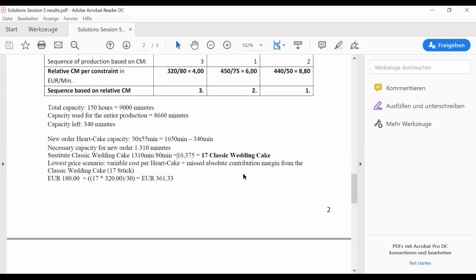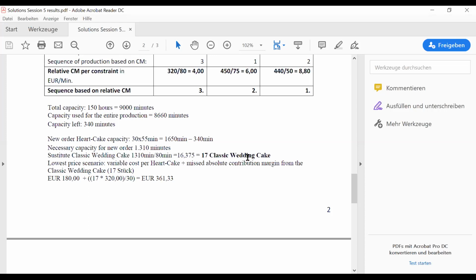it only makes sense for us to agree to that additional order, for which we have to even remove part of our original production, if the price makes up for us adjusting the original production program.